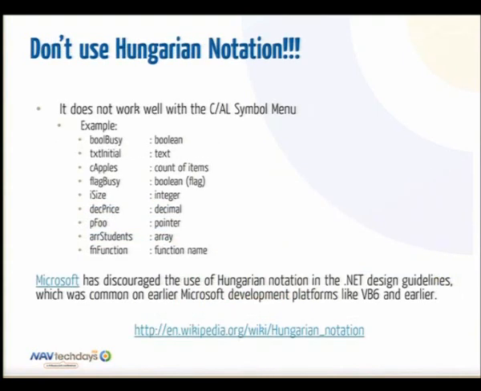Hungarian notation. I wrote a blog about it. We also discussed it in the previous session with Partner Ready Software. For me, the most important reason not to use Hungarian notation is not the fact that I don't like Hungarian notation, but we are in an ecosystem where we read and use and change each other's code.